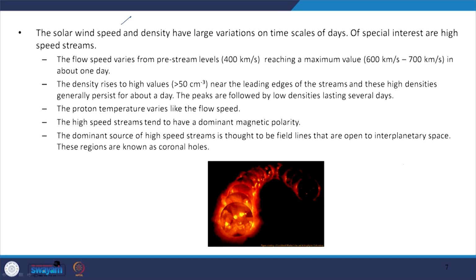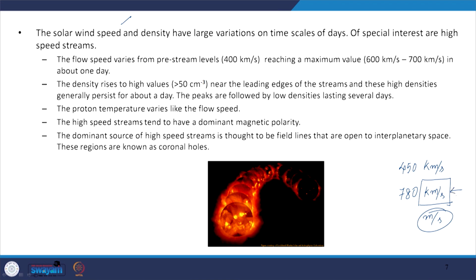The solar wind speed is basically somewhere around 400 to 450 kilometers per second in the proximity of the Earth, or it can go as high as 780 or 800 kilometers per second. Like I said before, this is kilometers per second, not meters per second. This is something you should always remember.